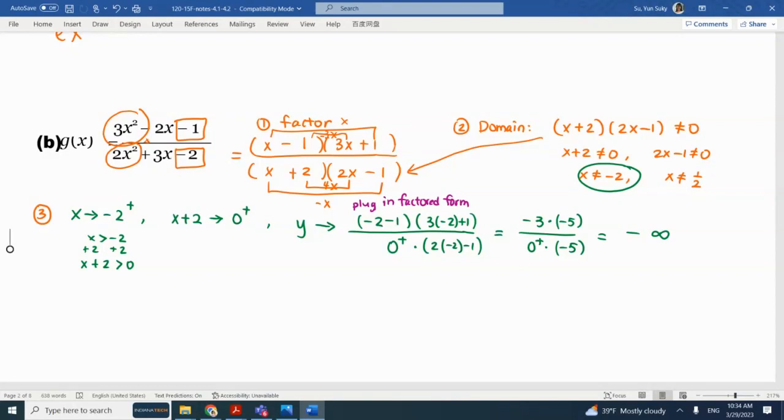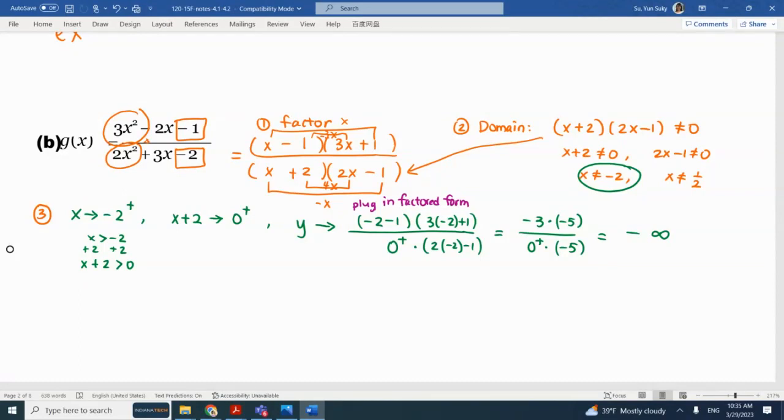So there's a negative on top of 0 plus. You count how many negatives. If you have an even number of negatives, you multiply them, you get positive. If you have an odd number of negatives, multiply them, you get negative. So you have 5 negative numbers multiplied together, you get negative. If you have 7 negative numbers multiplied, you get negative. 10 negative numbers multiplied together, you get positive.